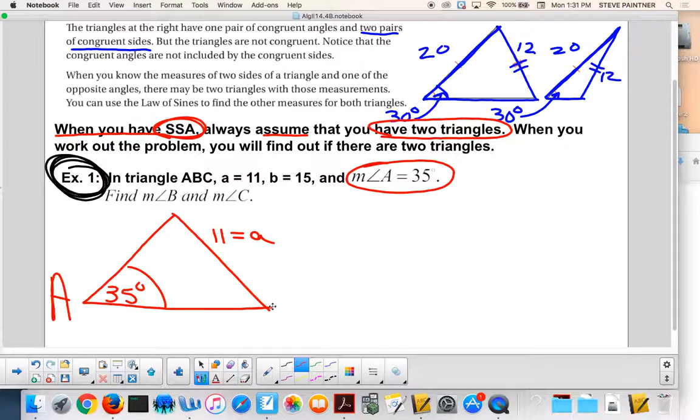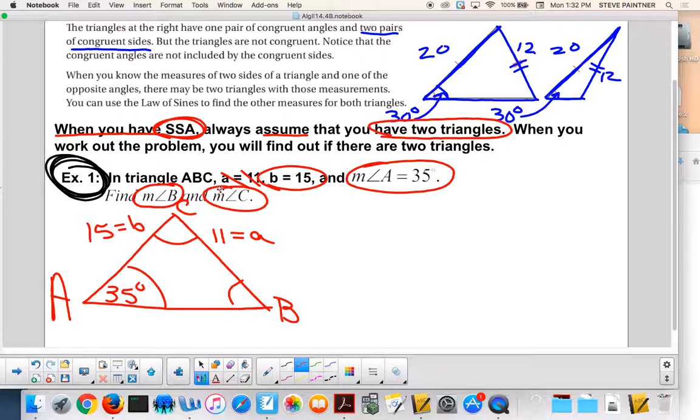You can prove it doesn't later. Okay, what about this one? 15 is B. I'll make B right here. Here's angle B. This would be C, I guess. What we're asked to find is the measurement of angle B and angle C.